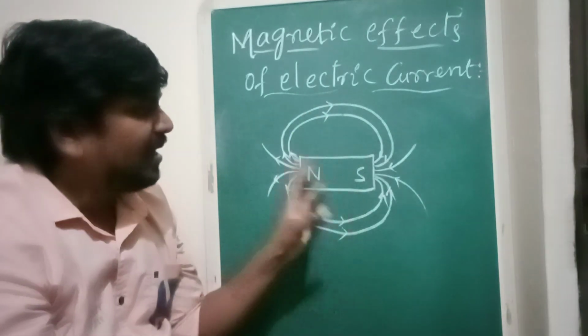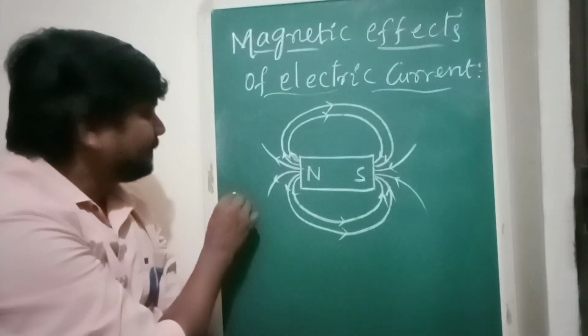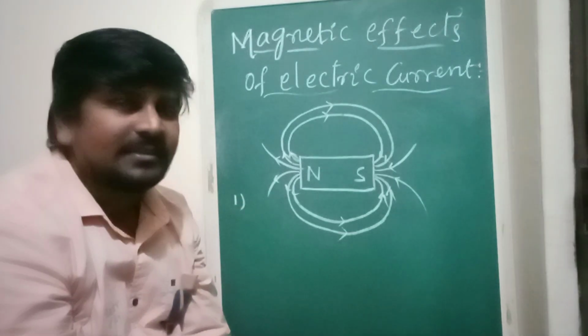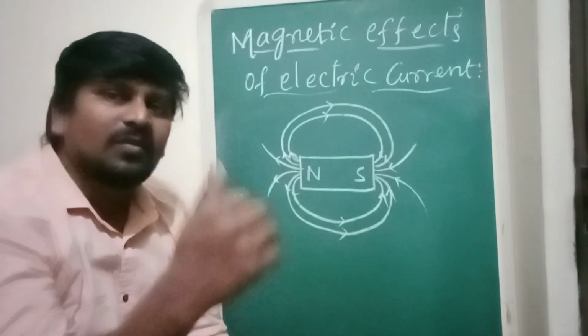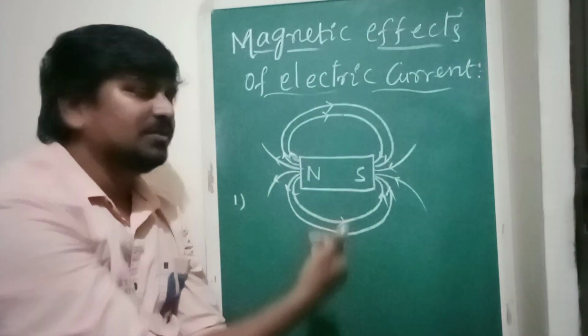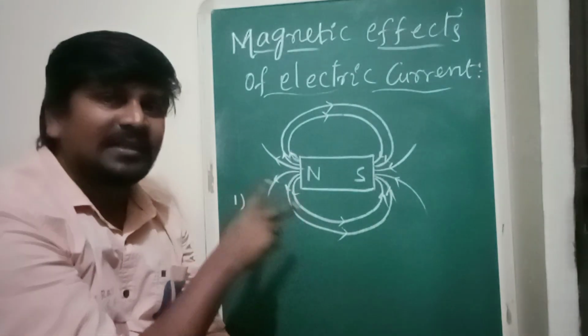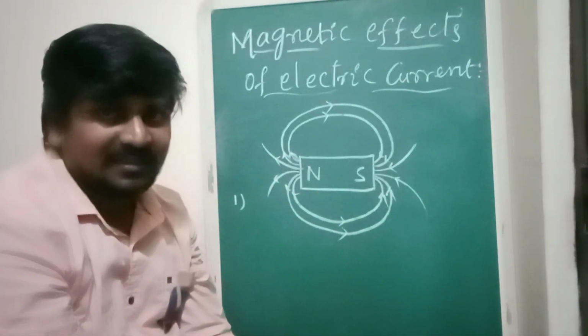Always these magnetic field lines are closed loops. Second point, they start from north to south, and these field lines never intersect each other.